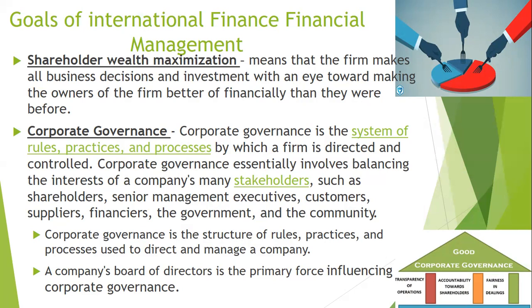However, France and Germany believe that the overall welfare of the stakeholders is very important. That is what they believe. In Japan, they strive to maximize market share rather than shareholder wealth. So it depends upon the country and what those people believe.